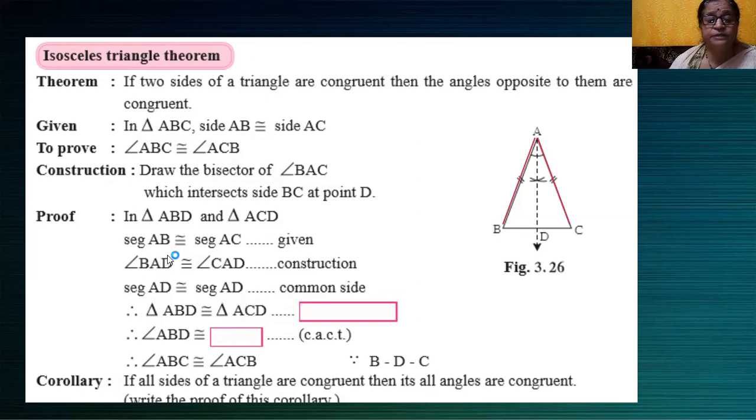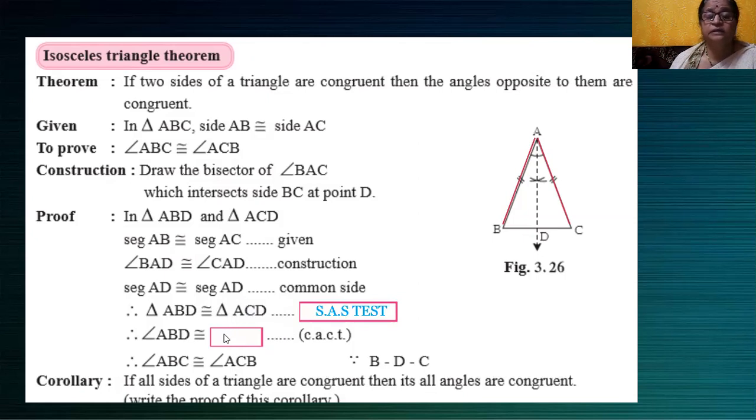According to which test? One side is congruent, an angle is congruent, and then a side. So it is the SAS test, meaning side angle side test. Then, these two triangles being congruent, their remaining corresponding parts are congruent.